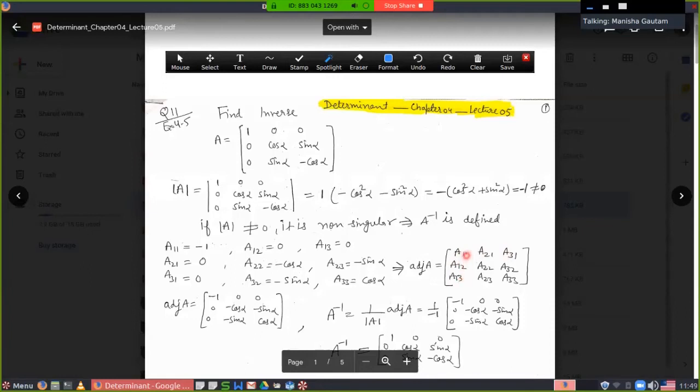I have written the transposed matrix here. Now put in the values: minus 1, 0, 0 in the first column, 0, minus cos alpha, minus sin alpha in the second column, and the third column elements are 0, minus sin alpha, cos alpha. Now this is the adjoint of matrix A.